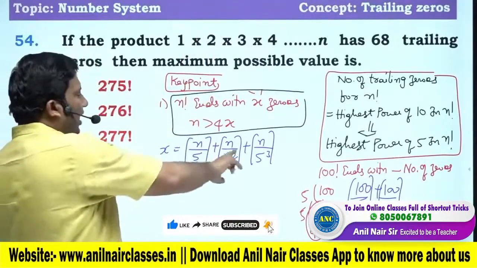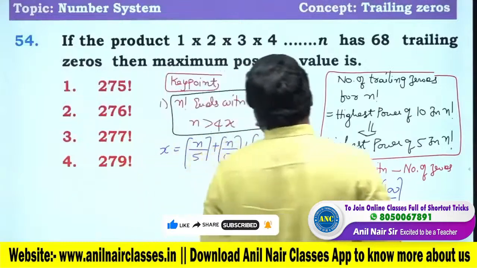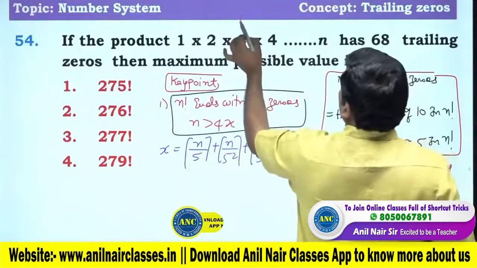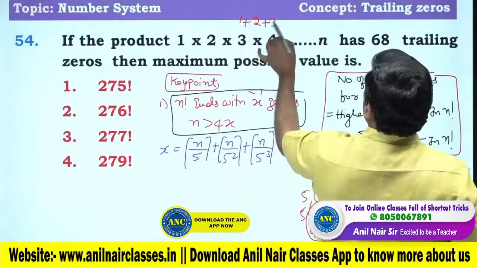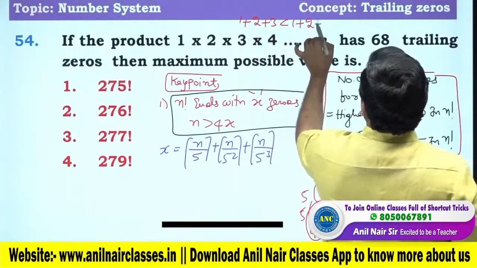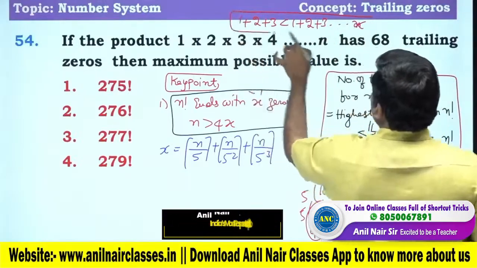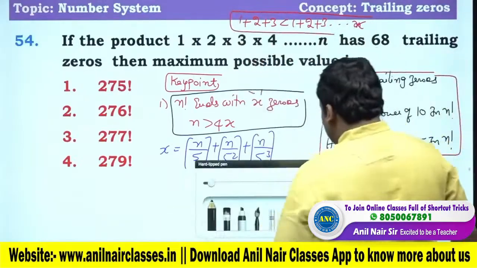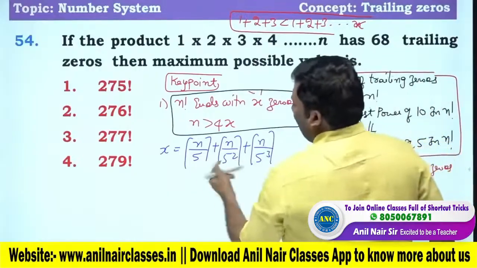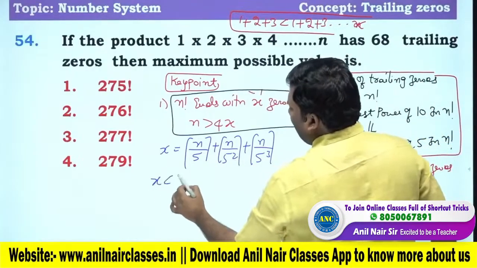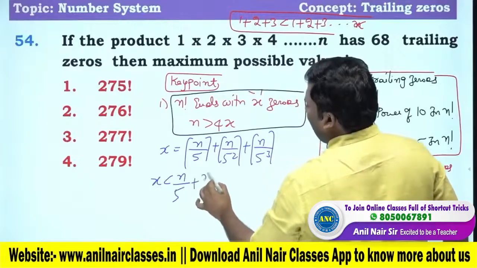So these values will stop at a point. Can I say that 1 plus 2 plus 3 is always less than 1 plus 2 plus 3 and so on up to infinity? If I equate this series with an infinite series, this finite series sum is always less than the infinite series.